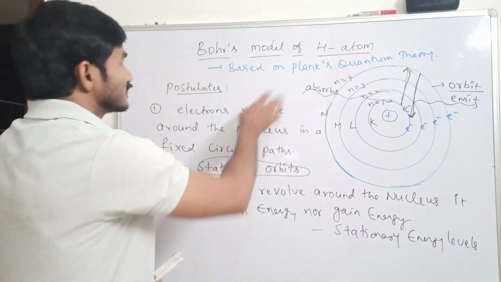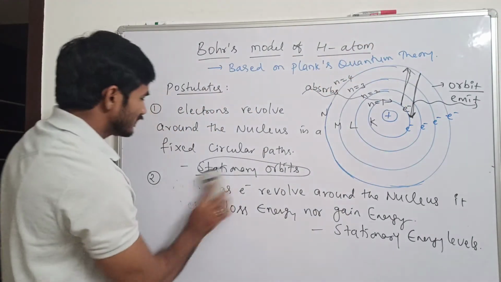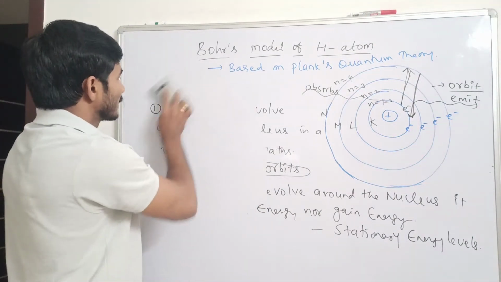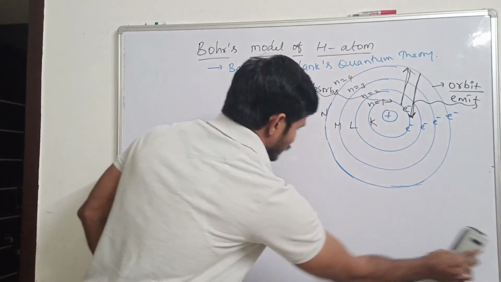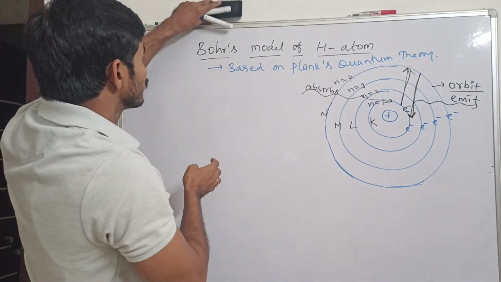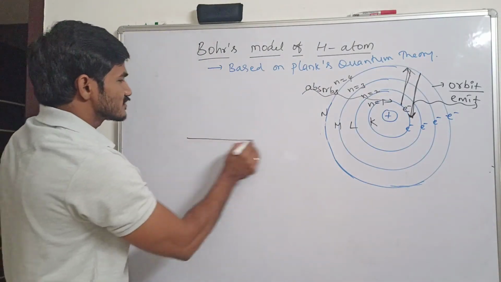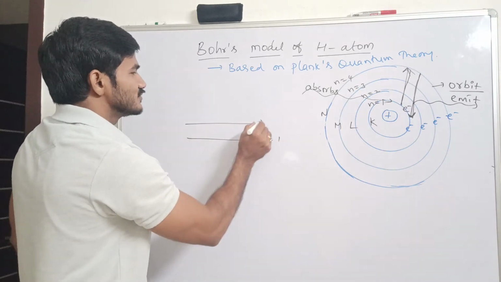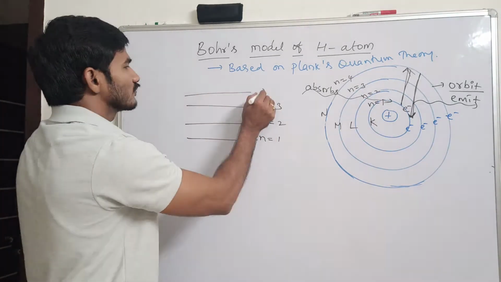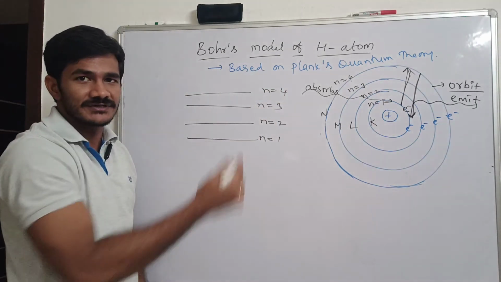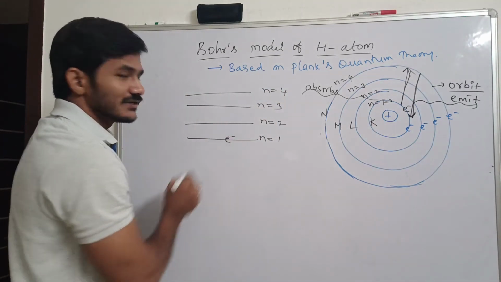I will explain this. Let us understand. So this is n equal to 1, n equal to 2, n equal to 3, n equal to 4. Let us assume these are orbits. The electron is present here.